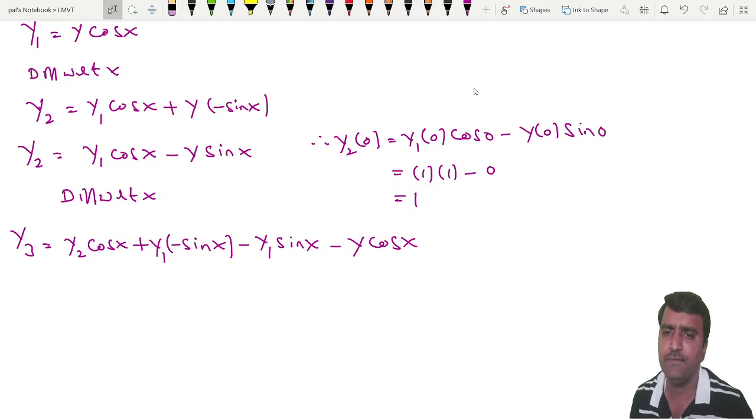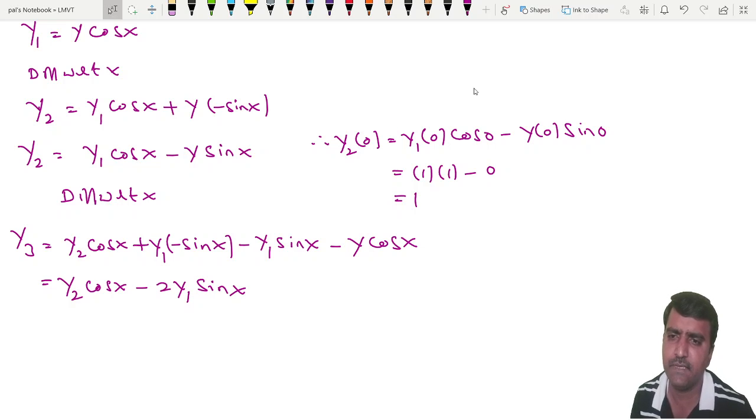So simplifying this, it is equal to y2 cos x minus 2y1 sin x minus y cos x. This is because in the second term it is minus y1 sin x, third term also minus y1 sin x. If you add them, it is minus 2y1 sin x, minus y cos x. So from this you find y3 of 0.